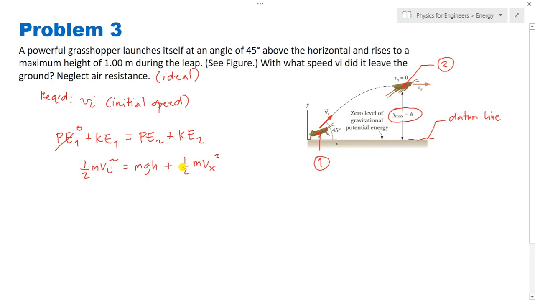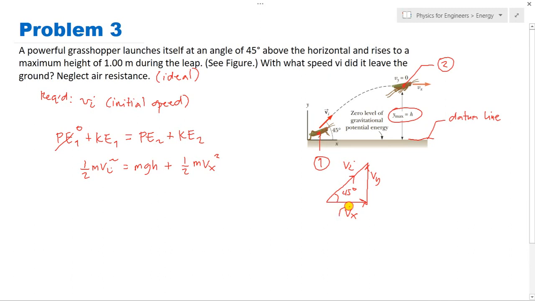Since this is vi and then we have vx, we need to be consistent with our unknown variable. So take note, at state 1, class, we can draw a vector triangle, right? The hypotenuse is vi. We have an angle here of 45 degrees. This is the velocity component along x, and this one is the velocity component along y.